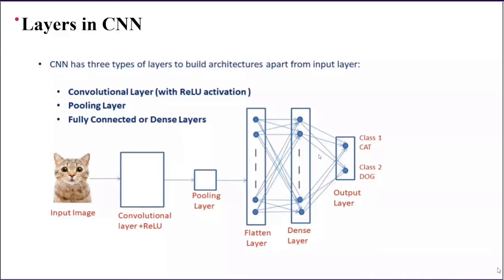From this, we are going to predict whether the image belongs to a particular object or not. The first part of the CNN has some layers, and these layers consist of the convolution layer, pooling layer, and fully connected dense layer, as we discussed.